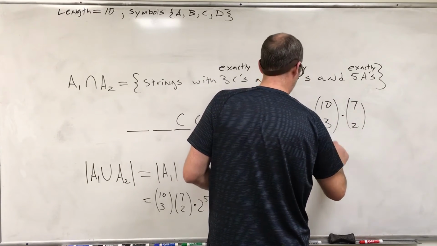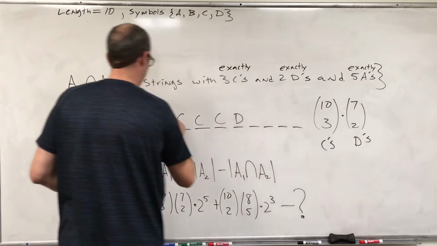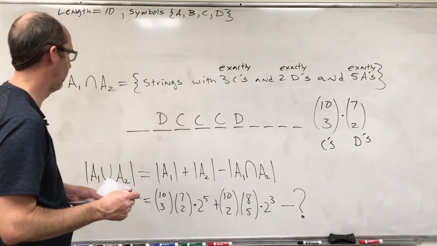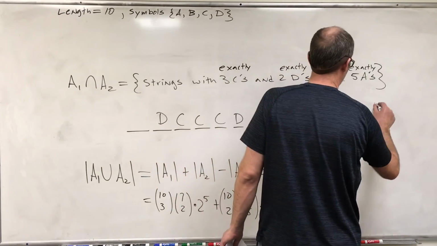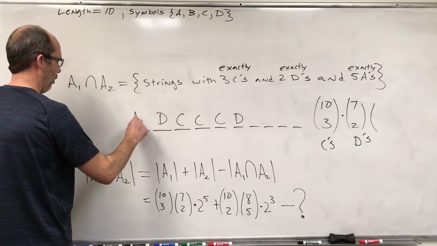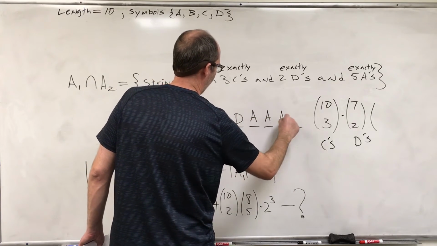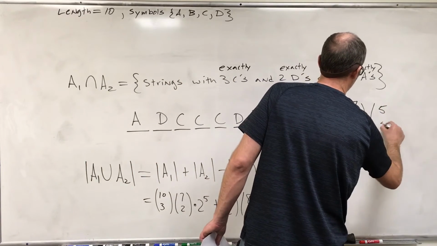So this will be the C's, this is the D's. And now 5 A's: you have 5 choose 5.